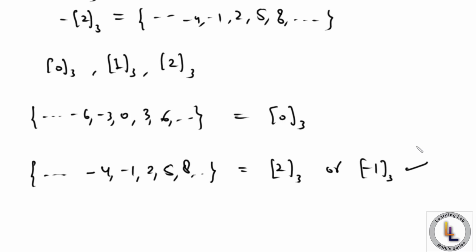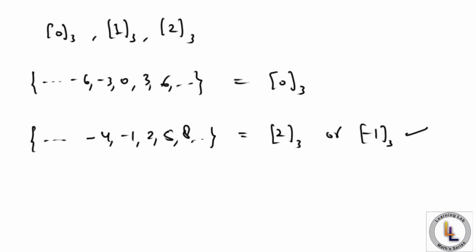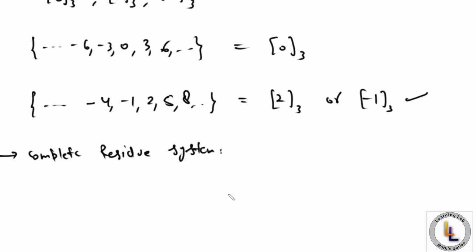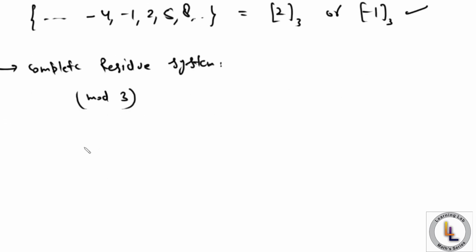Now come to the complete residue system. For modulo 3 we have 3 different residue classes. The first is the set -6, -3, 0, 3, 6 and so on.